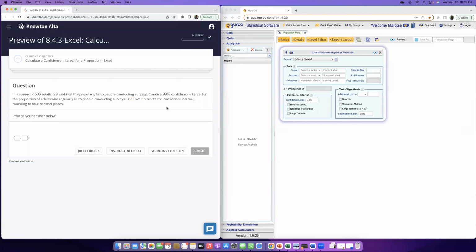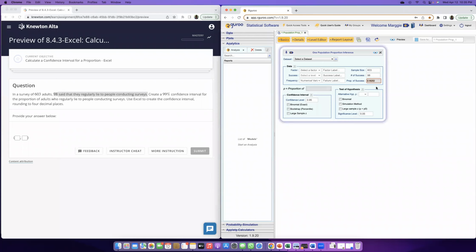So then what do we do? We go here. We need to recognize our sample size. So we surveyed 603 adults. So that's our sample size. We get the probability of success being the number of people that say yes to lying to people conducting surveys, and that's 98. So then from here, we have a proportion of success of 0.1625.